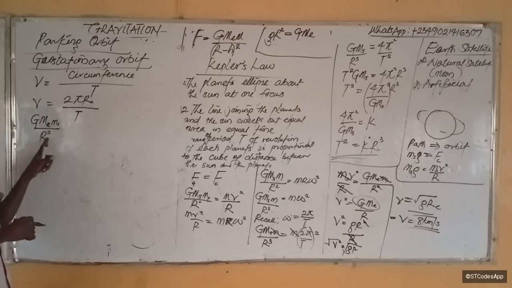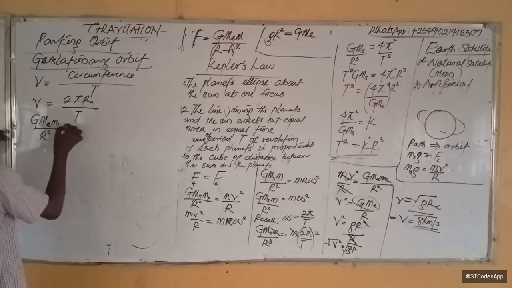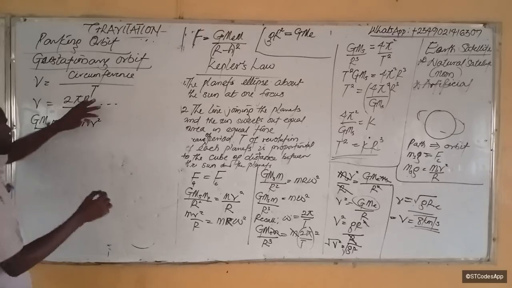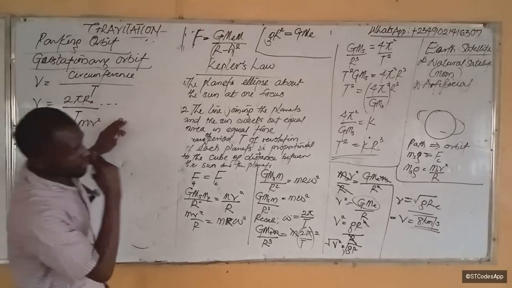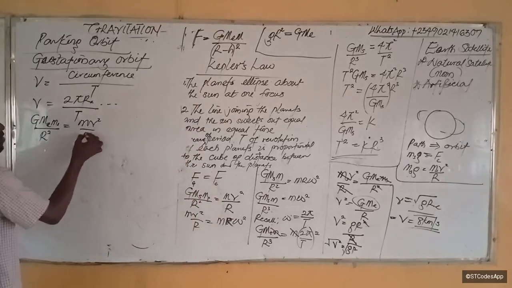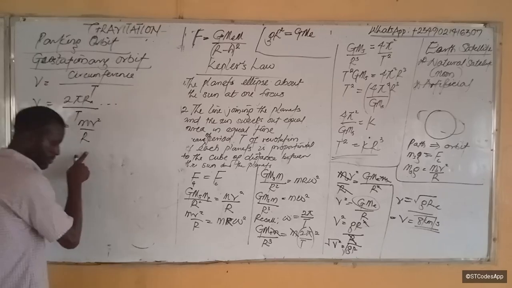This is equal to mv squared over r, which is still the distance between them.